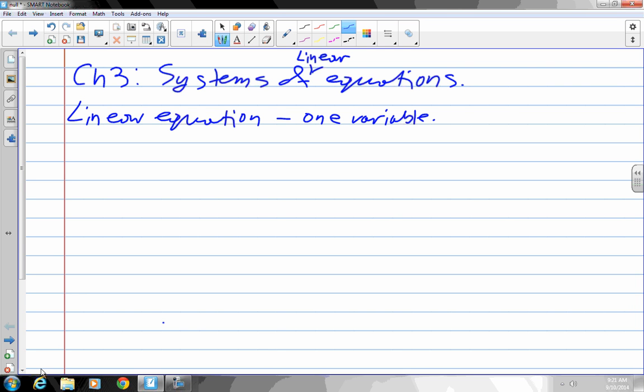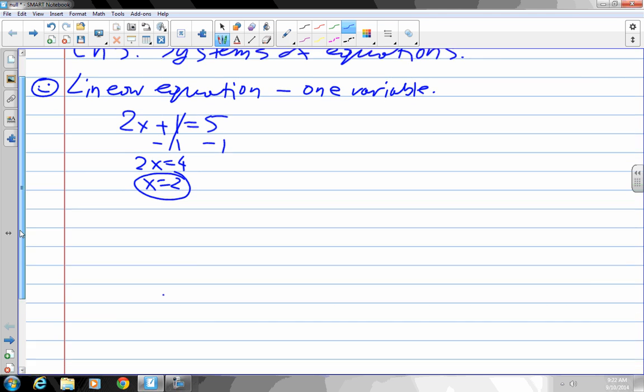You can get one pretty happy solution, and that happens 95% of the time. You can get no solutions, or you can get infinitely many solutions, meaning all real numbers. Remember that. An example of a fun problem is one we can all solve. I'm not going to go through the details of solving this equation. So here's that one pretty solution. So we like that, right?